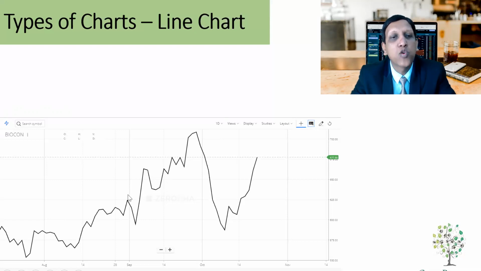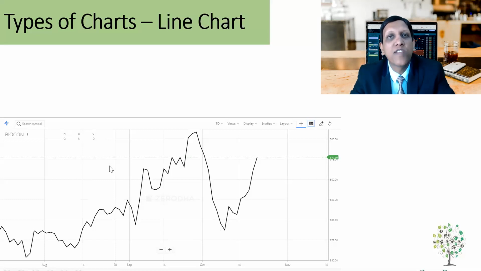It basically helps you to identify what kind of trend is running. There are three types of trend: uptrend, downtrend, and something called a sideways trend. Uptrend means stock is moving up, downtrend means stock prices are moving down, and sideways means the stock is range bound. The benefit of the line chart is you just have one point to see, and then you will get to know what trend is happening.